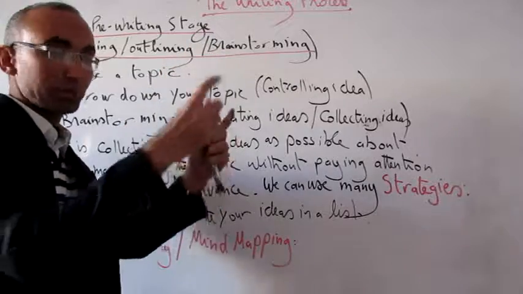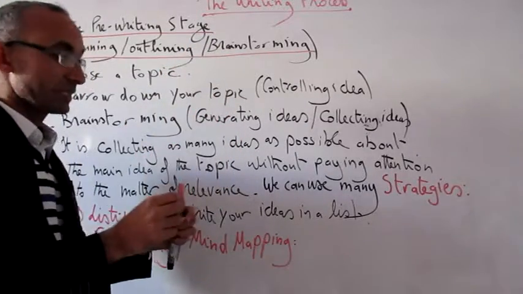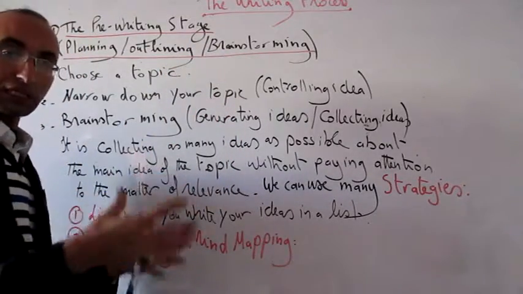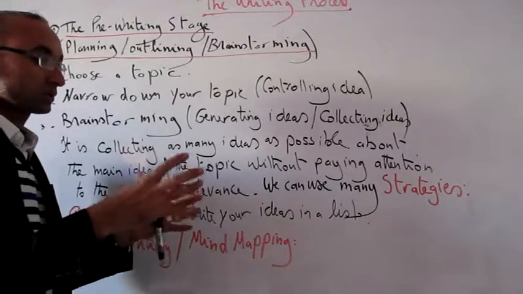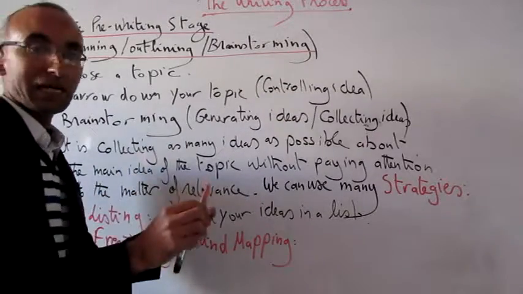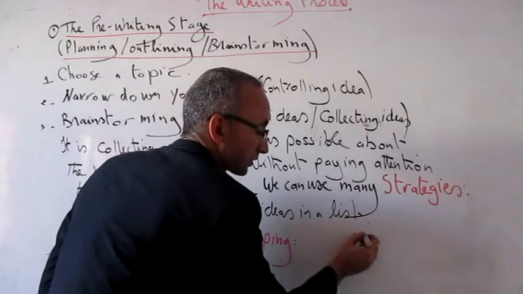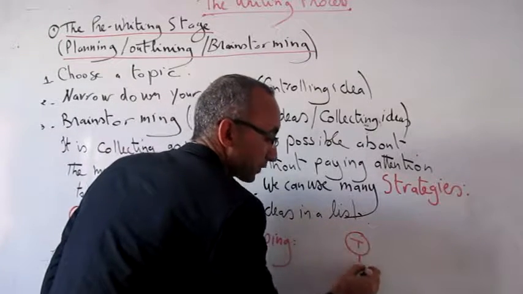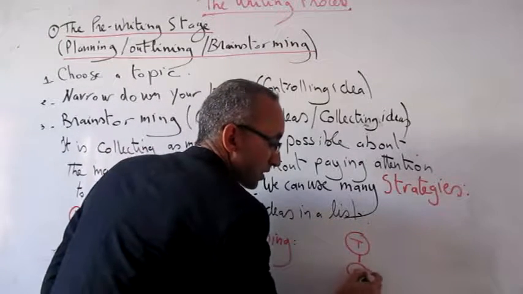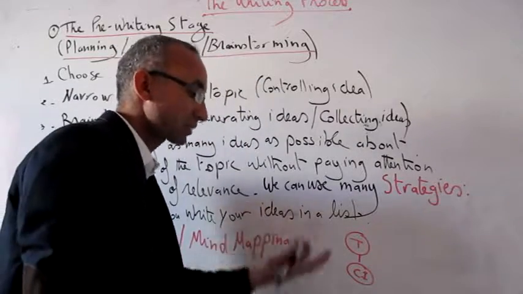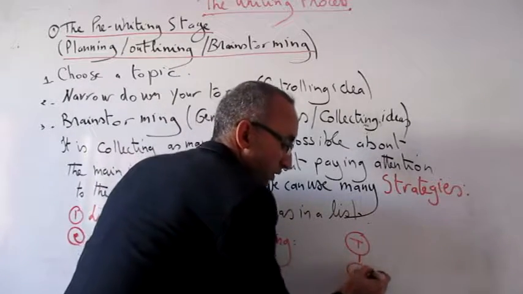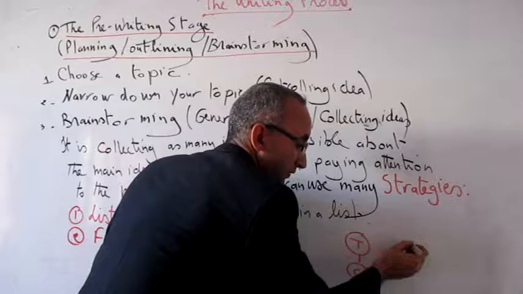First circle contains the topic, then next to it another one which contains the controlling idea, then whenever you have a new idea about the topic, you attach it to this one in a circle, in the same form, like this.